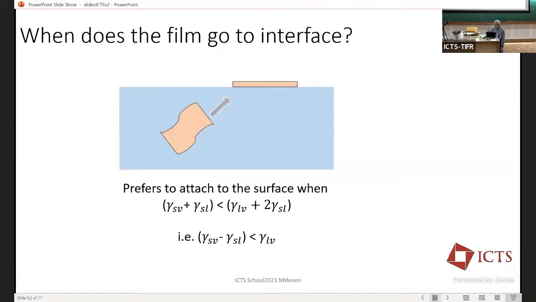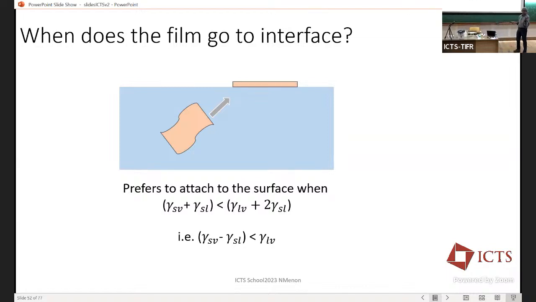Okay, so the first thing is, we should have probably talked about this a little while ago: why does the sheet want to go to the interface at all? That's the kind of reasoning you're pretty well equipped to handle now. If you release this object somewhere inside the fluid, would it prefer to live in the bulk of the fluid or at the interface?